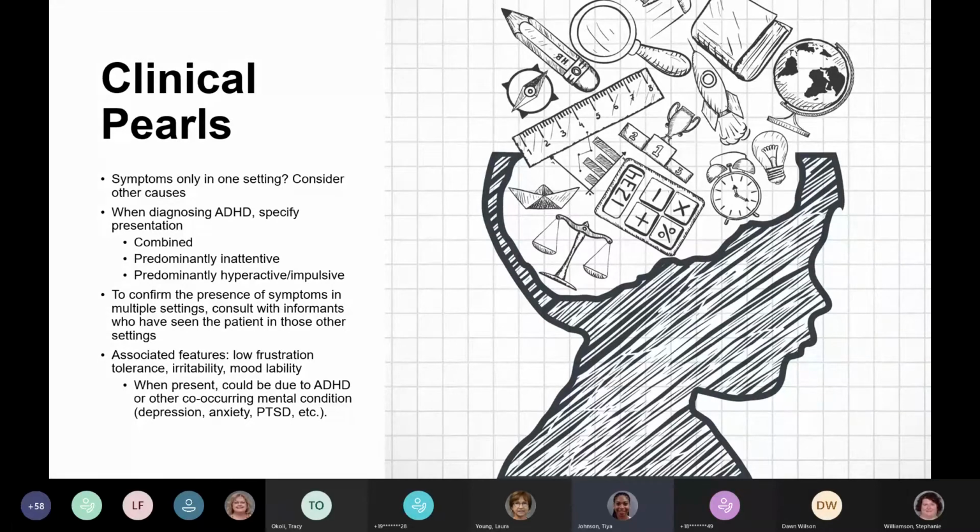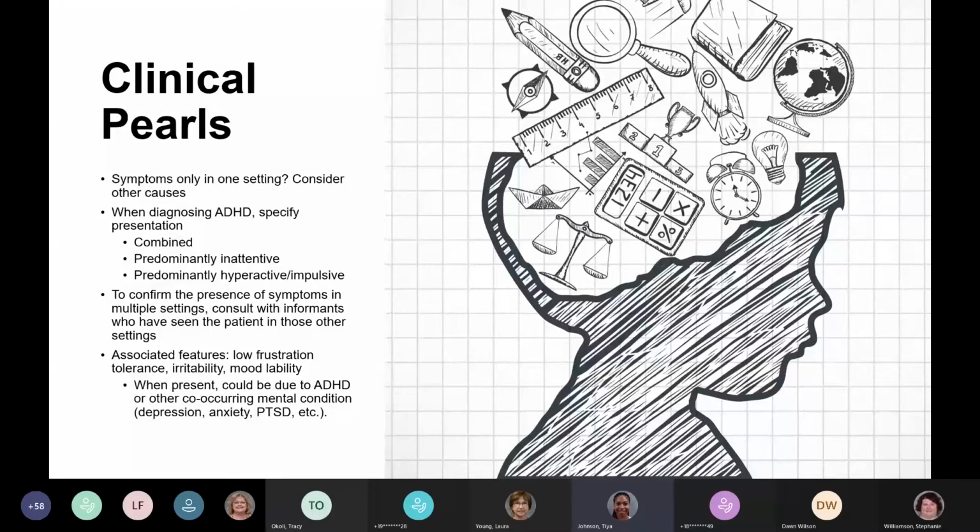So in my experience, what I typically do is if ADHD is very clear and is very impairing that child or that patient in multiple settings, and they have symptoms of low frustration tolerance, irritability, or mood lability, I'm going to focus on maximizing the treatment for ADHD and try to get that under control first, and see if those other symptoms improve before I consider another diagnosis.